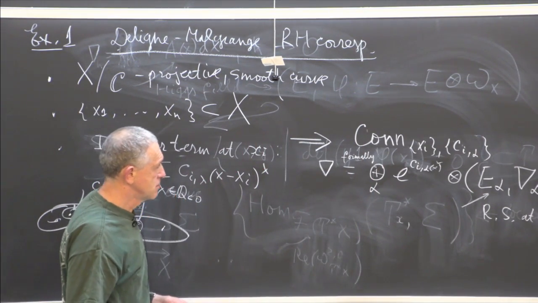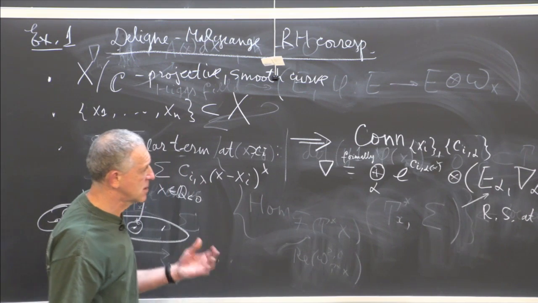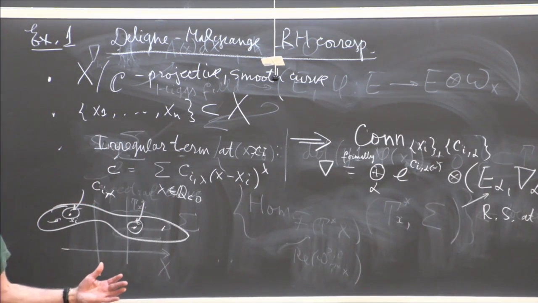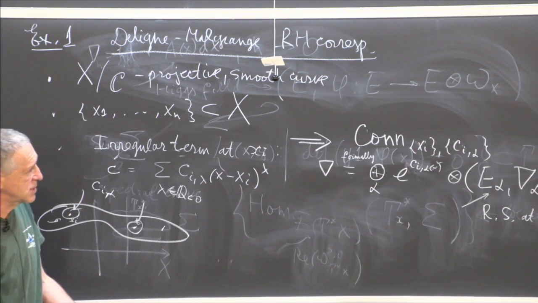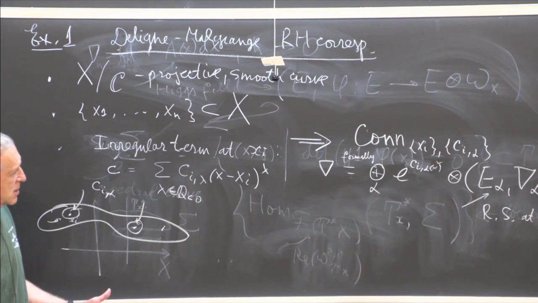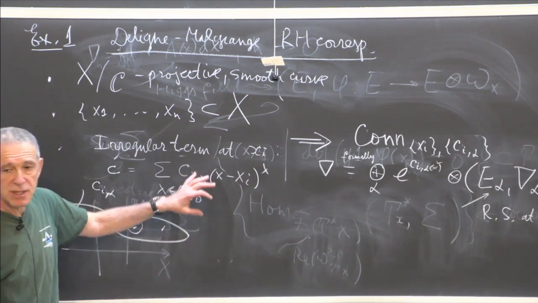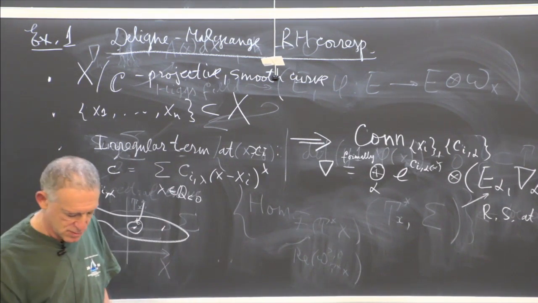So I consider meromorphic connections on the curve which have a formal type at each singular point with prescribed irregular terms.